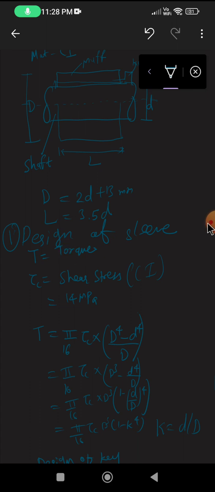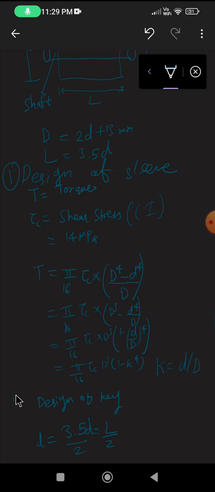Now similarly, what will be the design for the key? The key of the coupling may be designed in the same way, the width and the thickness of the coupling key. So, second number, design of key.